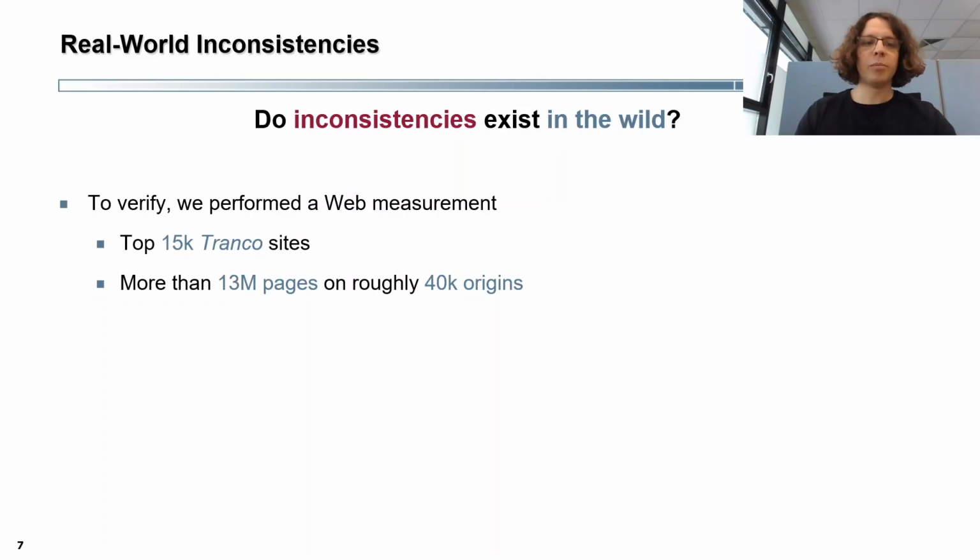We visited the top 15,000 Tranco websites. On each site, we visited several sub-pages. So we visited the landing page of each site, and then starting from there, we crawled several sub-pages of each site, which resulted in us visiting more than 30 million pages on roughly 50,000 domain origins.